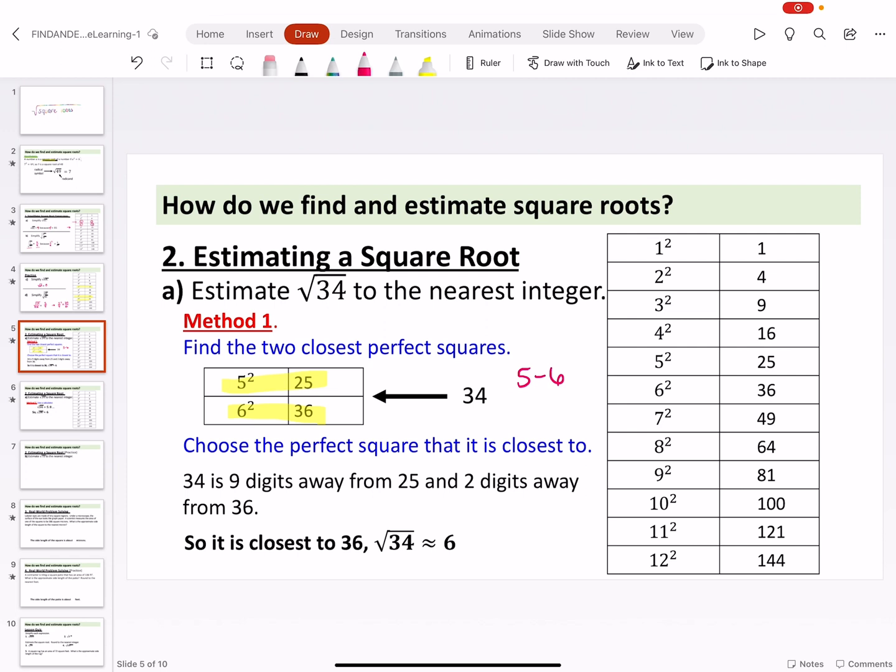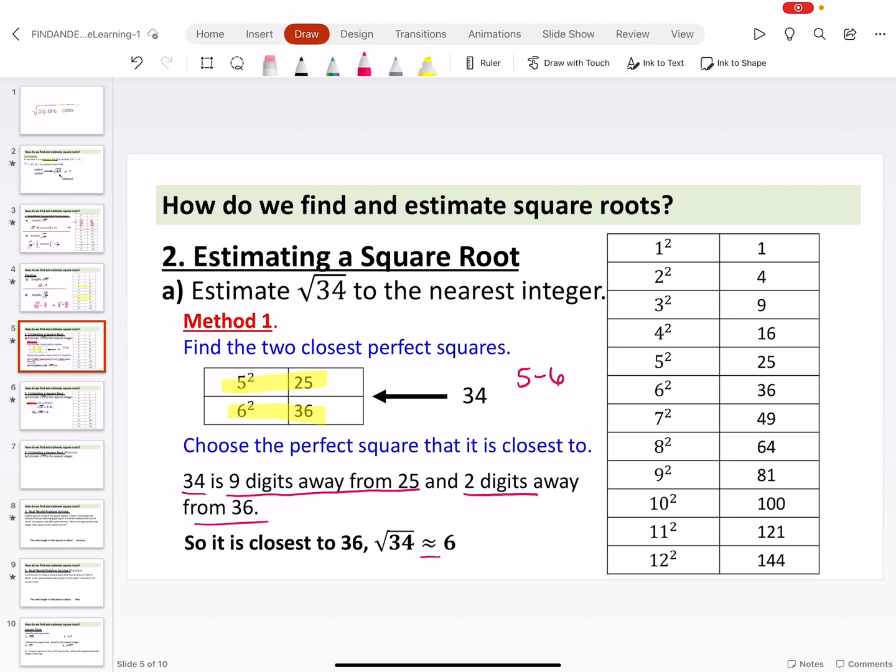Then to figure out exactly which one it is, since we are approximating, these are not the perfect square values, but an approximation of the perfect square. And what that means is it's not exact, but it is the one that it is closer to. So since 34 is 9 digits away from 25, but only 2 digits away from 36, we are going to say that the square root of 34 is about 6.